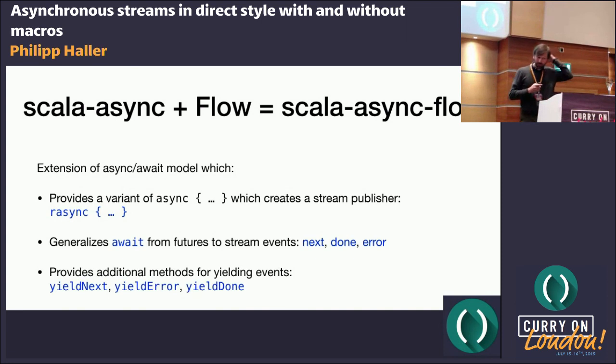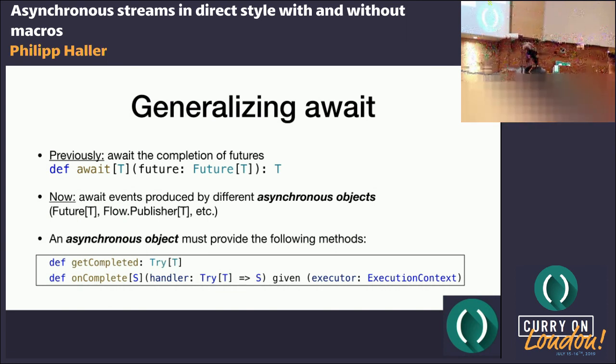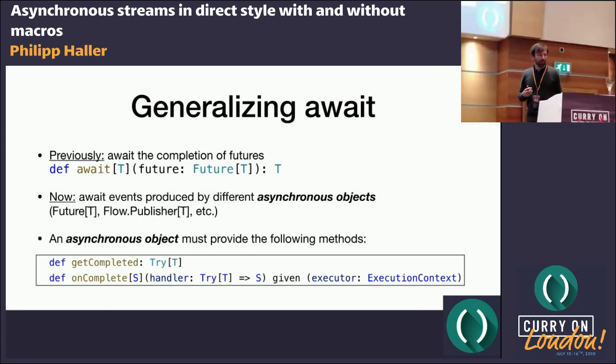And we need to be able to also emit the different kinds of events. So we have variants of yield to yield different events. And let's first talk about generalizing await, right? So previously we had await that took future of t and returns a t.